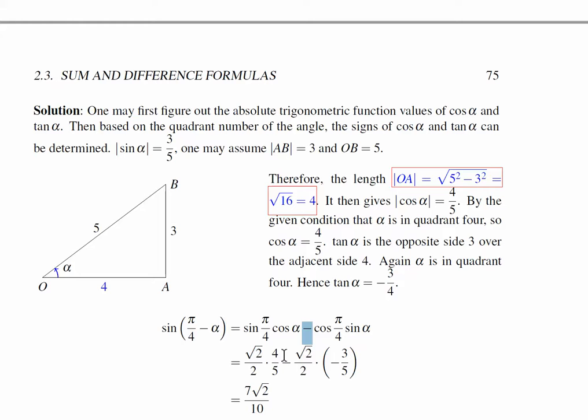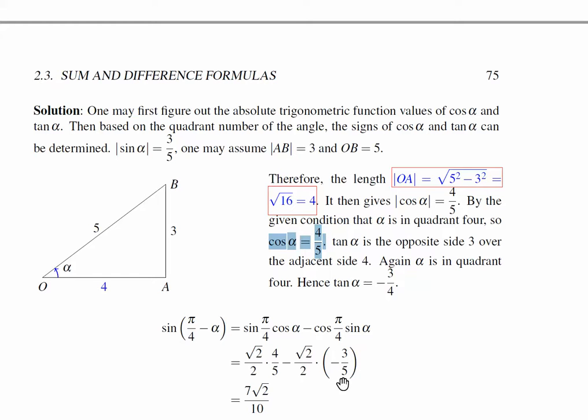So then sine pi/4 is radical 2/2. Cosine alpha is the value from here, 4/5, put right here, and then minus cosine pi/4 is radical 2/2. Sine alpha is given, negative 3/5.